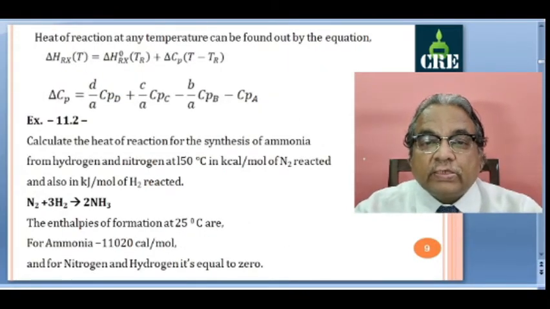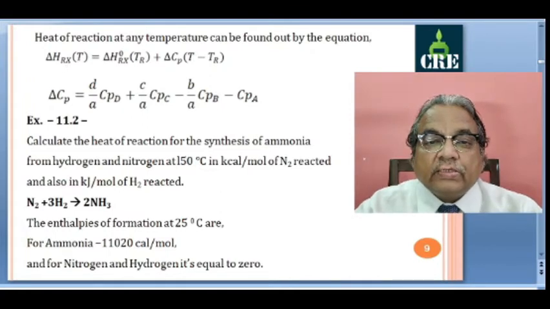So heat of reaction at any temperature can be found out with this: delta HRX at T will be equal to delta HRX0 at some reference temperature plus, so if at reference temperature you know this value, you can find it at any temperature, delta Cp (T minus Tr). So delta Cp is again d by a Cp of d, c by a Cp of c, minus b by a Cp of b, minus Cp of a.